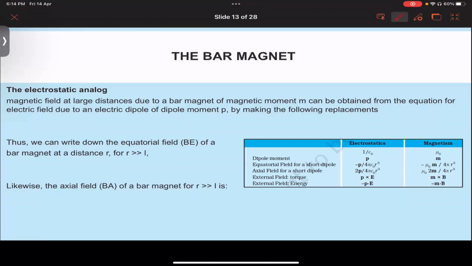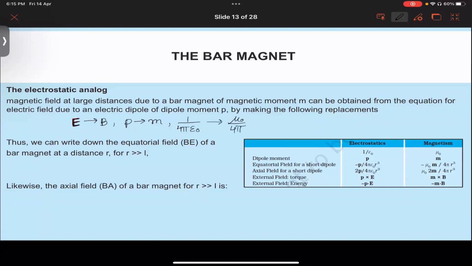So suppose we replace some of the terms in the electric field equations. Suppose we substitute E with B, and the electric dipole moment with the magnetic dipole moment, and the constant 1 by 4 pi epsilon 0 with mu 0 by 4 pi.